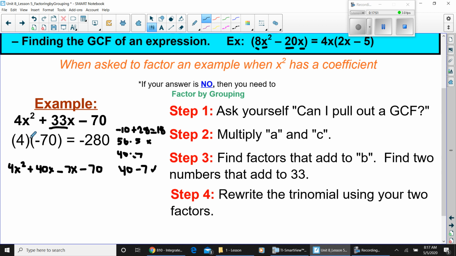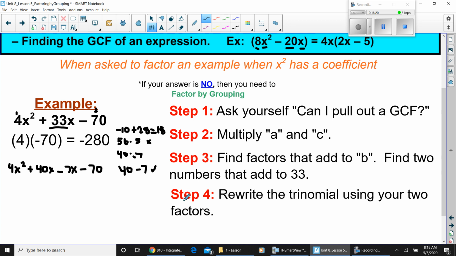When you're doing step 2, you're multiplying the a times the c. And you're figuring out, all right, this is negative. When you multiply the a and the c, that's negative 280. And you have to find out factors that multiply to negative 280 that also add or subtract to 33. And that's what step 3 is.